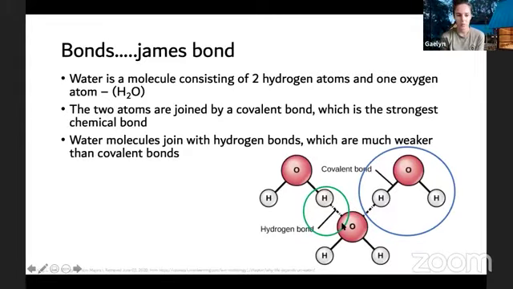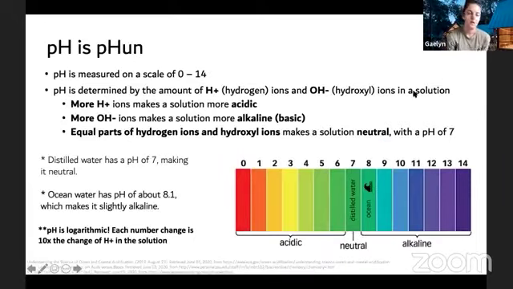So that's going to be a much weaker bond. And so basically that just means that our water molecules are going to be more prone to separating from each other than they are going to be from separating from themselves, basically. So yeah, keep that in mind.